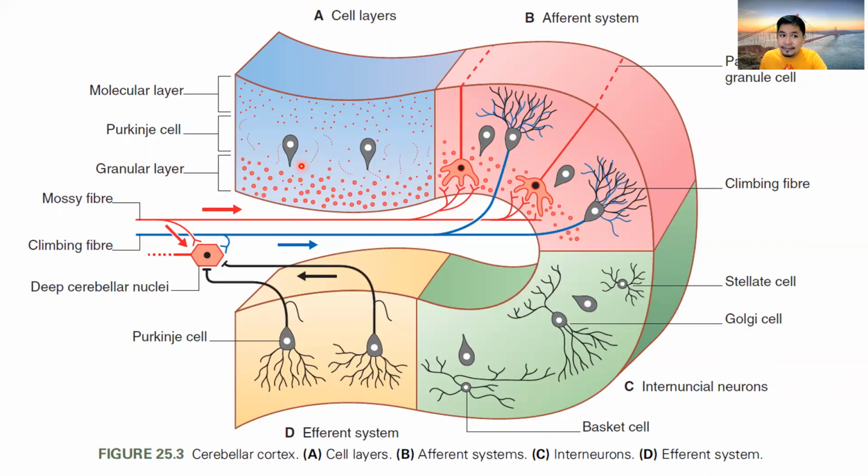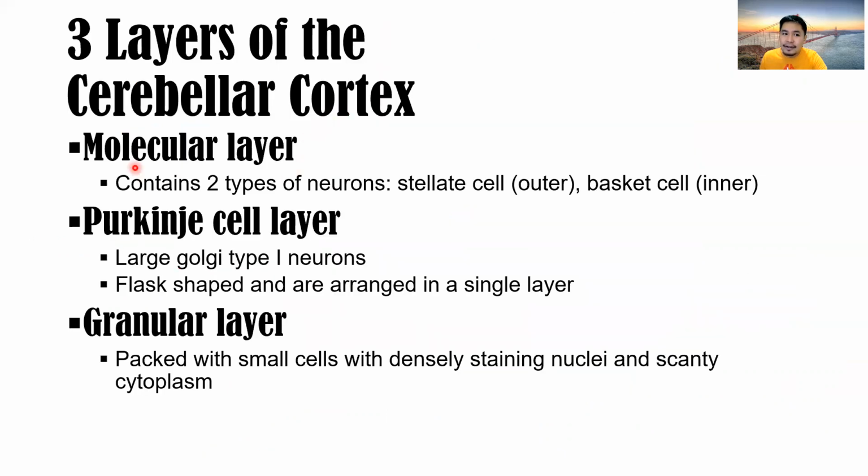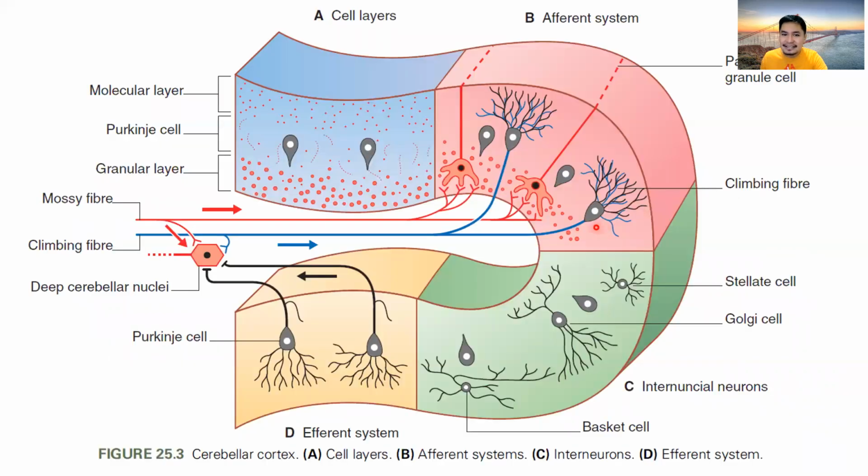Granular, inner, Purkinje cell layer would be your intermediate layer, and you have an outer or superficial layer, the molecular layer. We talked about the molecular layer containing two types of neurons, outer stellate cells, inner basket cells. So in the molecular layer, we could see outer stellate cells and inner basket cells.